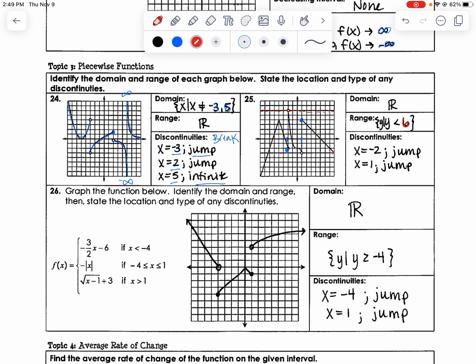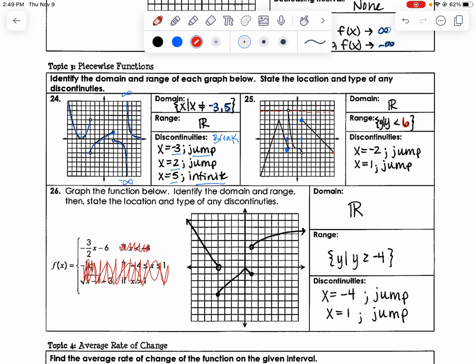Okay. In the next one, I've got 3 pieces of this function, and if you look at this in 3 pieces, that'll be helpful to you. So just pretend that these things aren't here for right now. Right? Just pretend that they aren't there. In fact, even pretend the domain restriction isn't there for now.